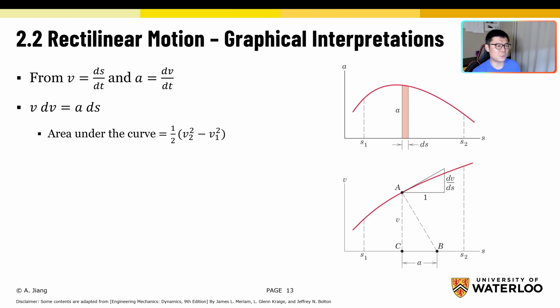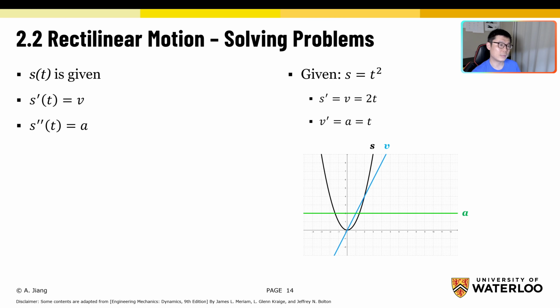This is a very important relationship. I'd say this is probably more important than the original forms ds over dt or dv over dt. Based on this, v dv equals a ds. A v-s diagram also exists, but we rarely use it, so we will not explore it further here. In the next few slides, we'll look at some common scenarios you will encounter when solving problems.